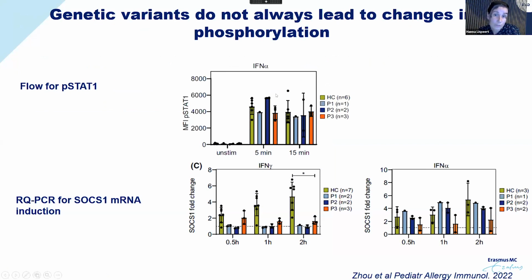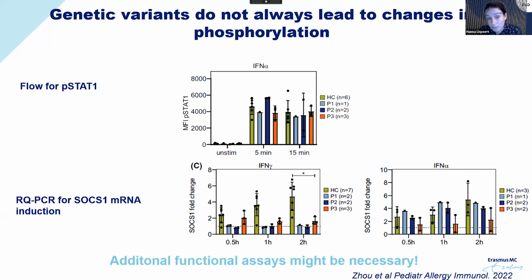And also after interferon alpha stimulation, we did not really observe differences for these patients, while STAT1 is downstream of this pathway. So we also combined this with other assays, for example, the induction of SOCS1, which is a STAT1 regulated gene, and then we do observe differences. And I think there are also many more different assays you can do to make this final diagnosis. So additional functional assays might be necessary, complementary to phosphoflow.